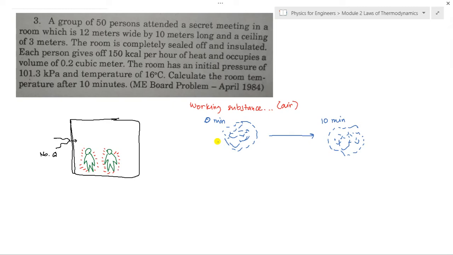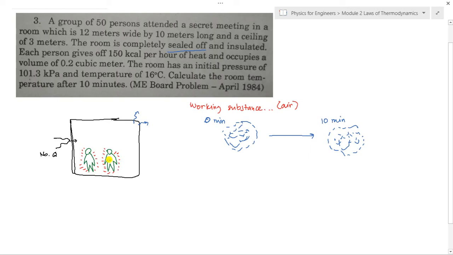But here, looking at the air from 0 minutes to 10 minutes, since the room is sealed off, no air goes outside. And for the people, assume no air infiltrates inside.